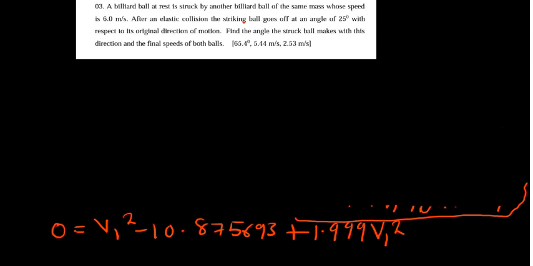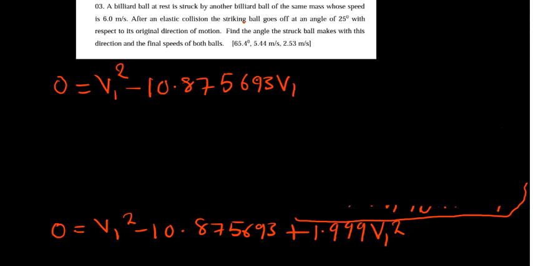So this is going to be 0 is equal to v1 squared minus 10.875693 v1 plus, sorry, I didn't indicate v1 here, it was v1 plus 1.999 v1 squared.